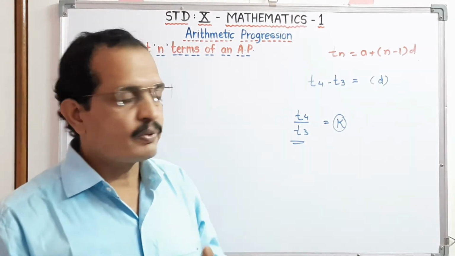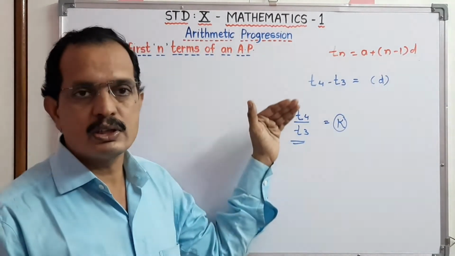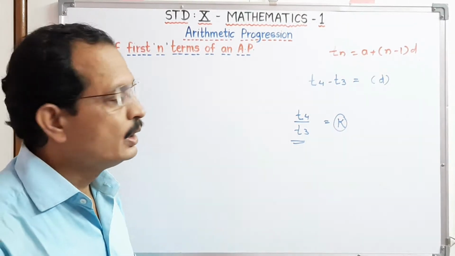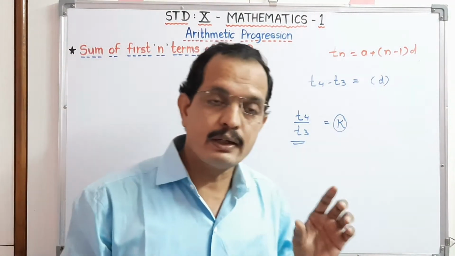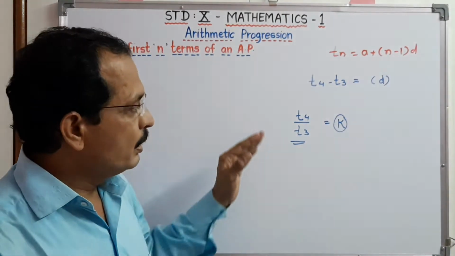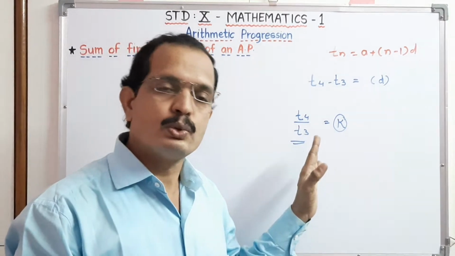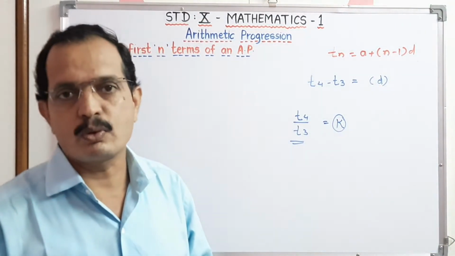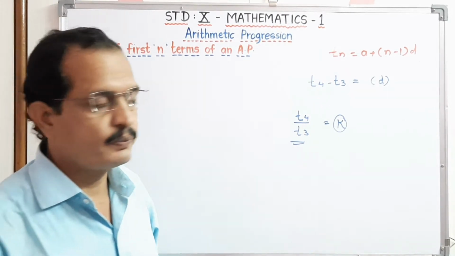To understand the difference between arithmetic progression and geometric progression, that short story is given. Go through that story, read that story. It is very interesting. You will enjoy it. The main aim is to understand the difference between arithmetic progression and geometric progression.